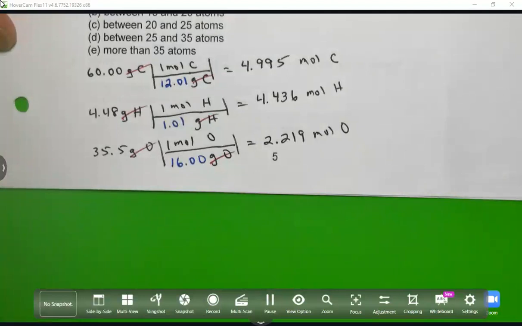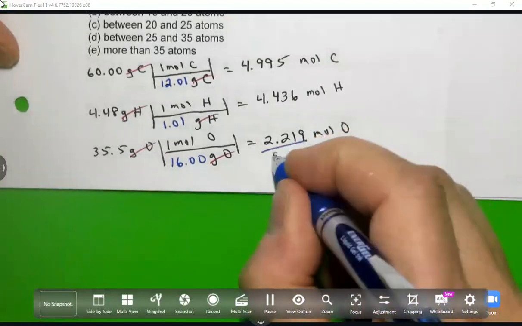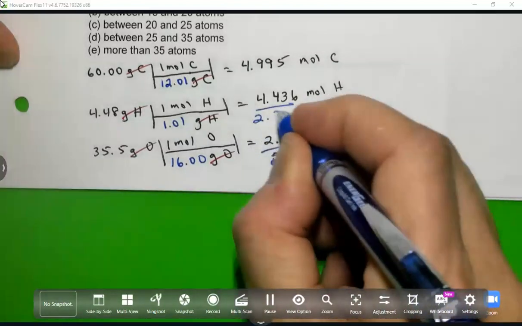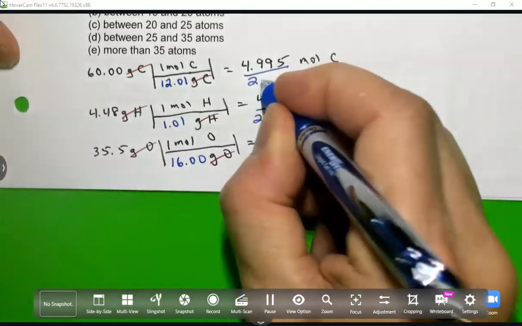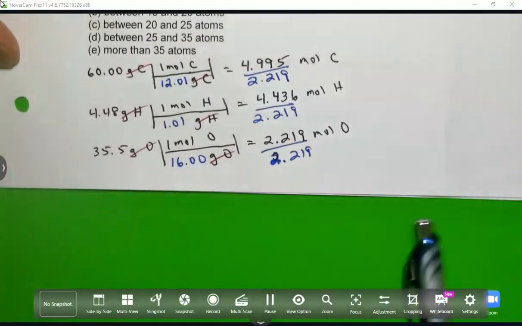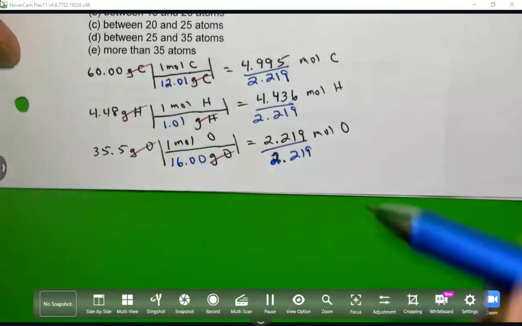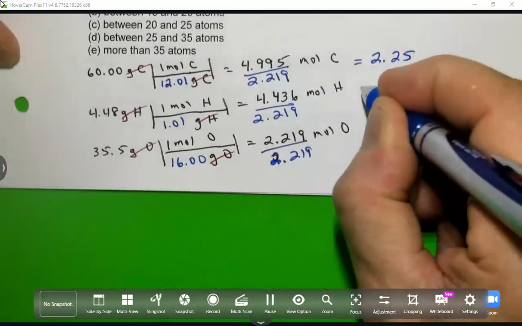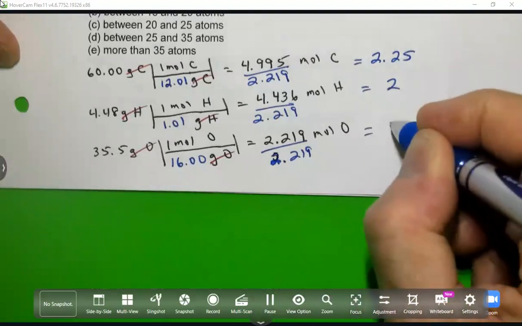So we're going to divide by the smallest, our smallest being 2.219. It's the top one that I'm concerned about. This is a 1, this is a 2. That top one, it's fine. So this comes out to be 2.25. This looks like a 2, and this looks like a 1.